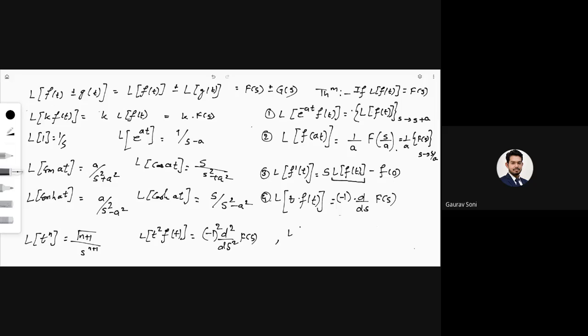If there is Laplace of t cube f of t, then it is minus 1 raised to 3 d cube by ds cube capital F of s. So whatever number of times t is multiplied, that many times you have to take the derivative.